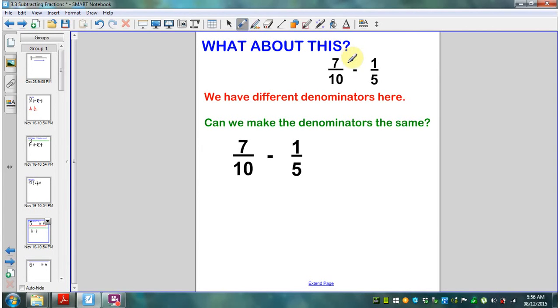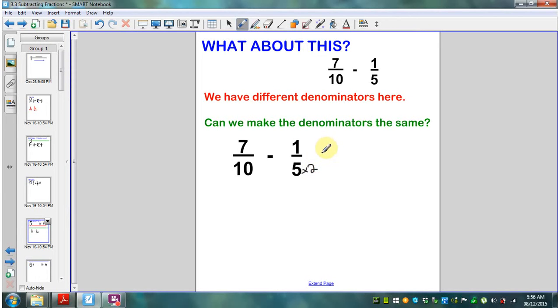Okay, what about this? And again, we saw this when we were adding fractions. We have different denominators. Can we make the denominators the same? Well, if you look here, we have 10 and 5. We can easily make 5 into 10. All we got to do is multiply it by 2.